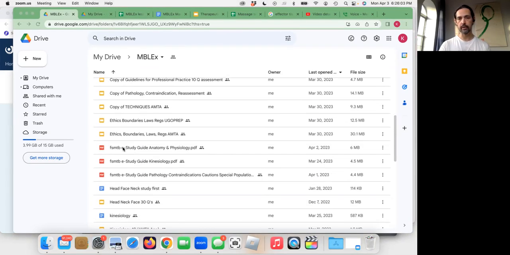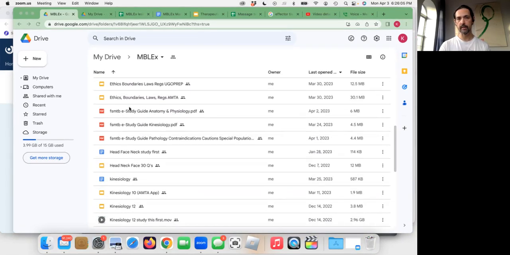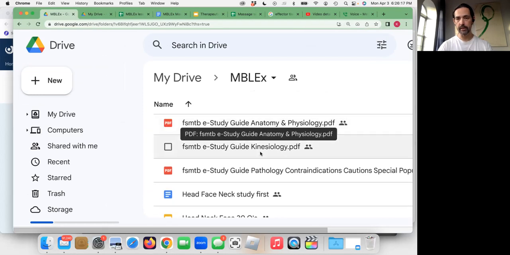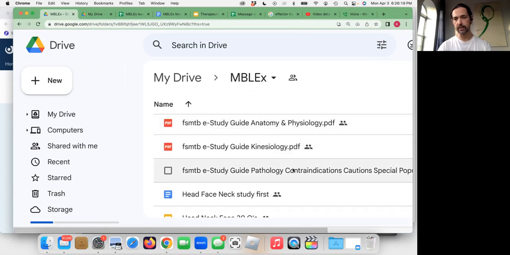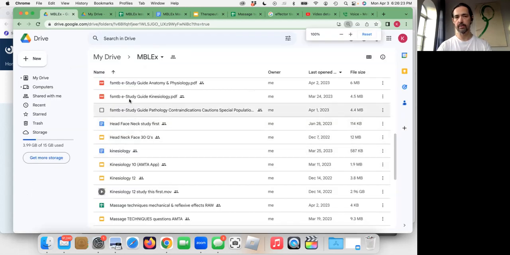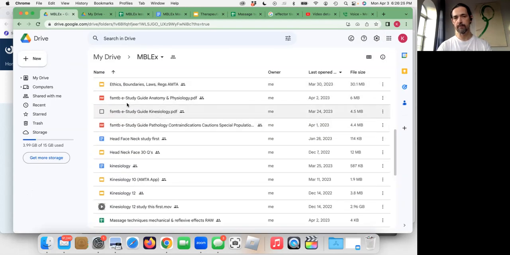So if you go down to FSMTB, you'll find 3 documents: FSMTB e-guide, anatomy and physiology, kinesiology, and then pathology, contraindications, cautions, and special populations. Now, these are the hard science sections of the MBLEx.